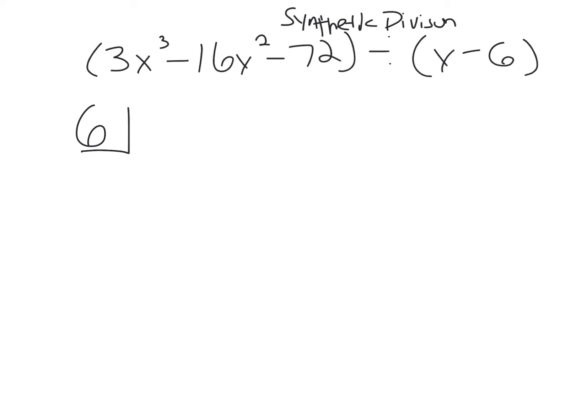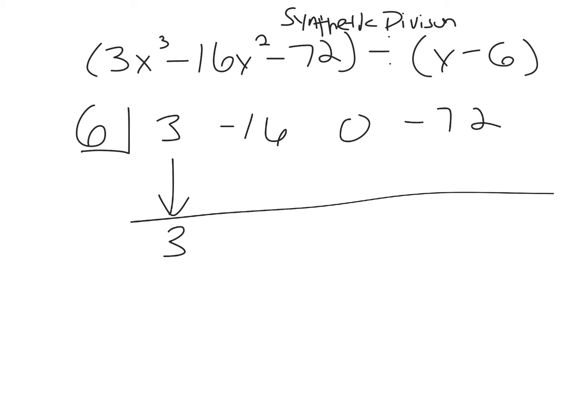And then what's next is I'm going to put all of the coefficients of our dividend right here. Now be careful, because if you skip any, meaning if you go from x cubed to x all of a sudden, you need to put a 0 down. Like in this case, I go from x squared to a constant, so I'm going to put down 0 before I put negative 72 down.